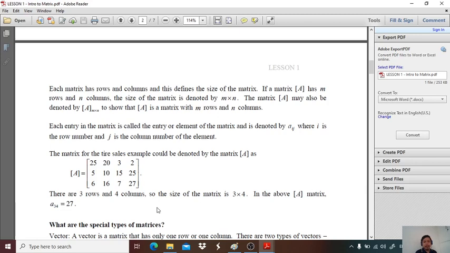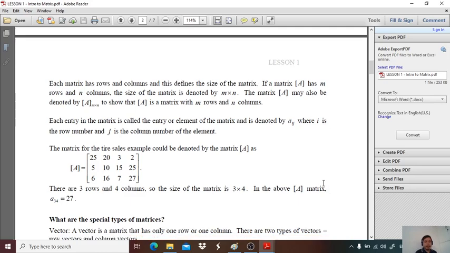In the above matrix, A34 is row 3 and columns 1, 2, 3, 4. So this is A34. Another example, let's say A33: we have third row and third column, so we have 7. That is an element of the matrix.